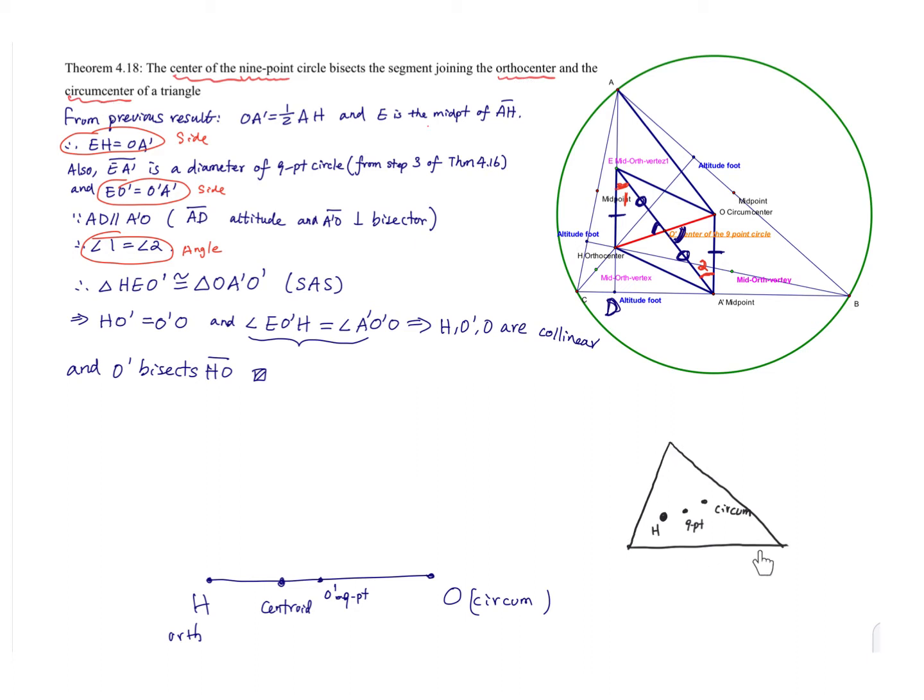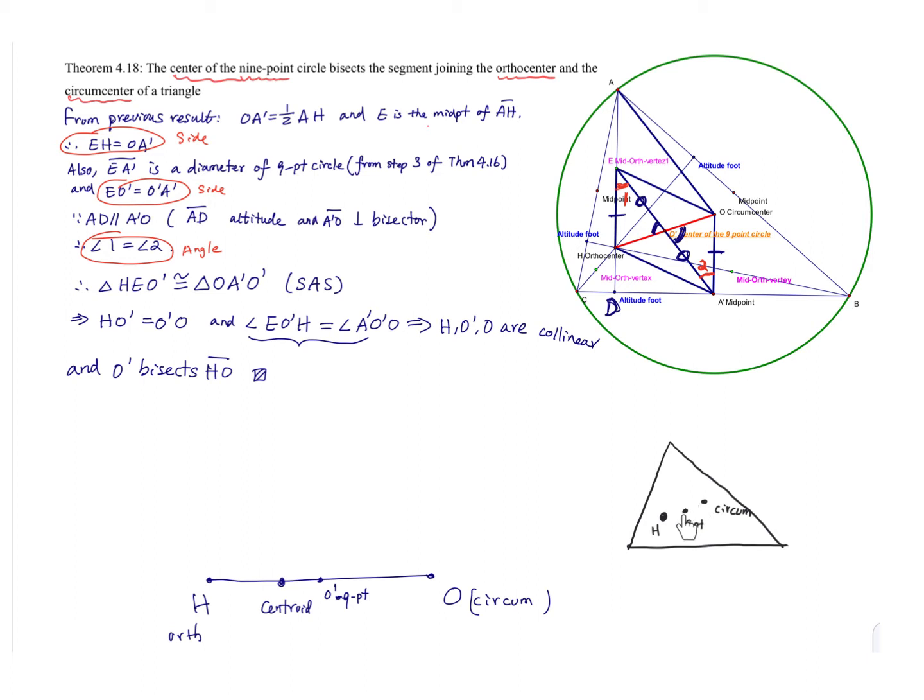If you look at a cleaner version, this is H, which is the orthocenter, where the altitudes meet. And this is the circumcenter, where the perpendicular bisectors meet. I know my graph is not perfect, I just try to illustrate the idea here.